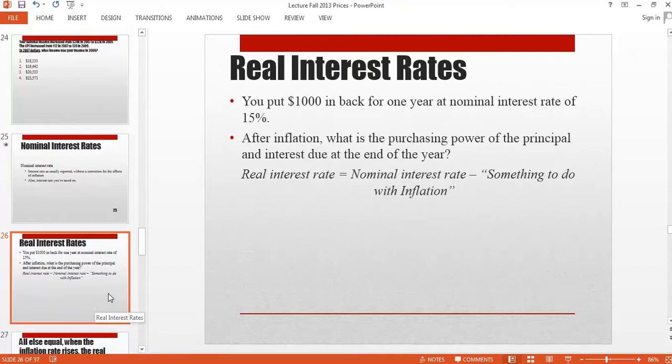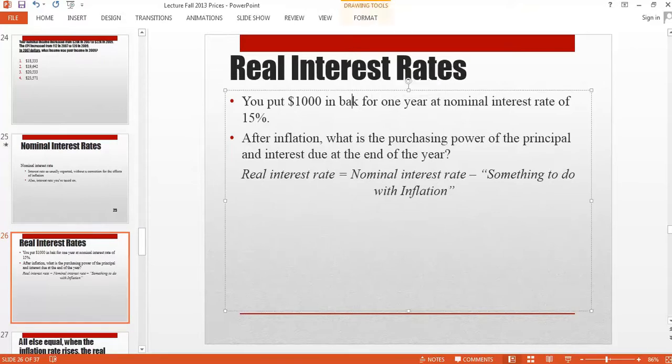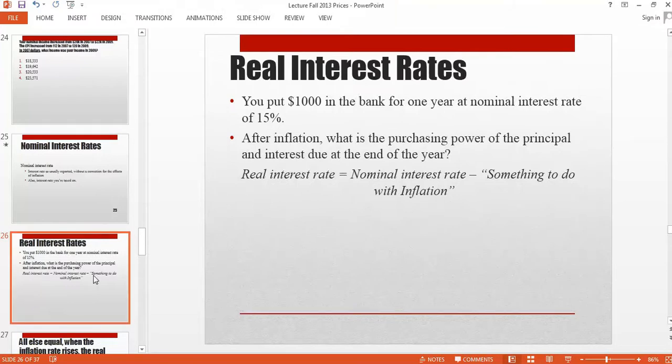Let's suppose you put $1,000 in the bank. We put $1,000 in the bank, and we earn 15% interest.